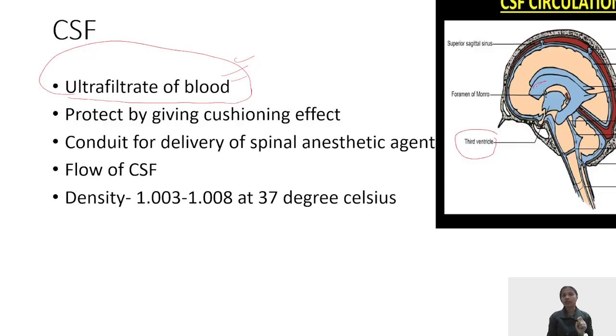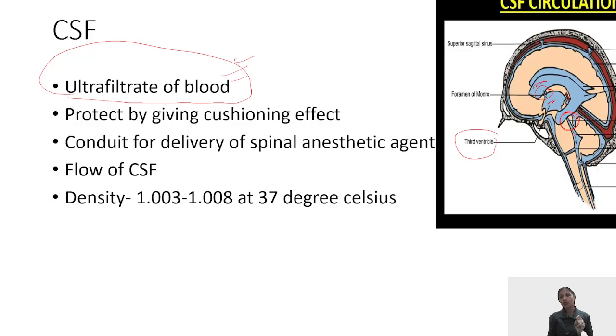This is your lateral ventricle. This is your third ventricle and this is the foramen of Monro. From the third ventricle, it is then going to go to the fourth ventricle through the cerebral aqueduct. This is your third ventricle. This is your fourth ventricle.